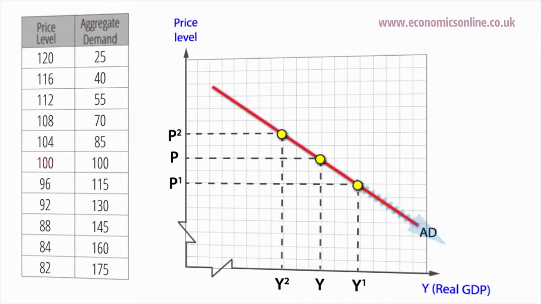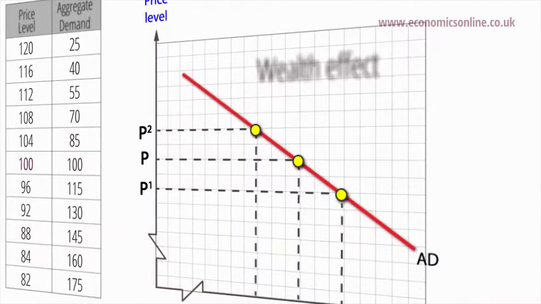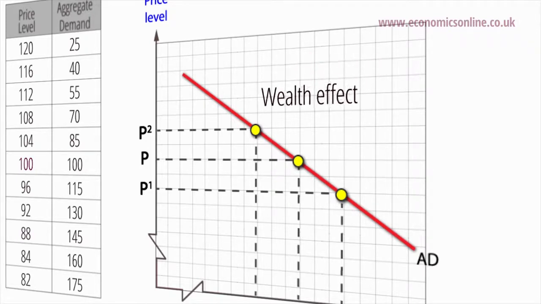Firstly, prices and consumer spending are inversely related via a wealth effect. If we assume households' nominal income is fixed, a change in the price level of all goods will alter what households can purchase when they spend all their nominal income. That is, their real income adjusts inversely with prices. A lower price level means consumers purchase more, and a higher one means they can purchase less.